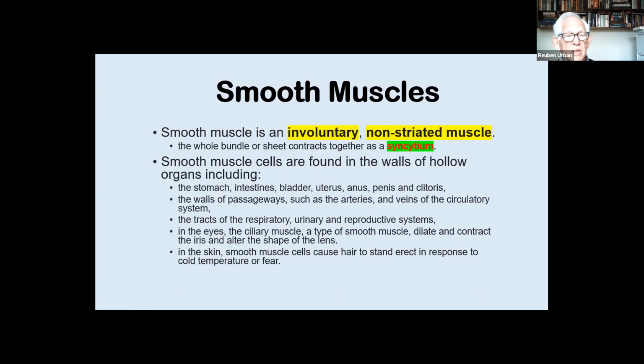And they're found in the intestines, in the stomach, the bladder, uterus, anus, penis, clitoris, all the passageways, in the walls of everything, arteries, veins, in the tracts of the trachea, the ureters, the urethras, in the reproductive system, the ejaculatory duct, the ones that help ejaculation, the fallopian tubes which move the egg around, the eyes.